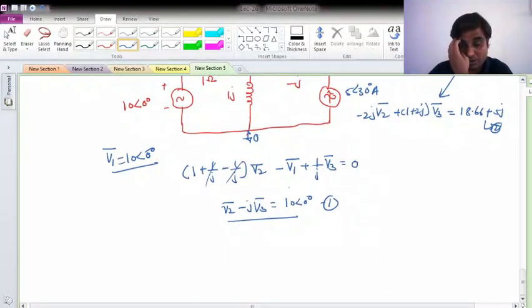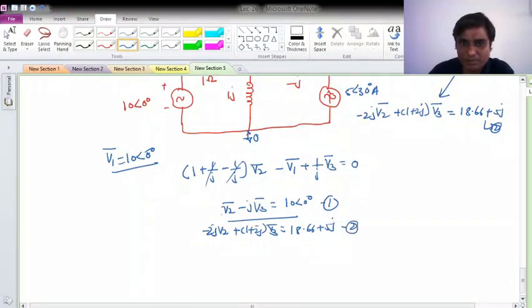So for this 10 it will be 10j. Okay, no, not 10j, it is 10. There is no real number, so there is no imaginary number, it will be only 10. So next, it was minus 2j V2 phasor, that is equation 2, plus 1 plus 2j V3 phasor, which was 18.66 plus 5j.